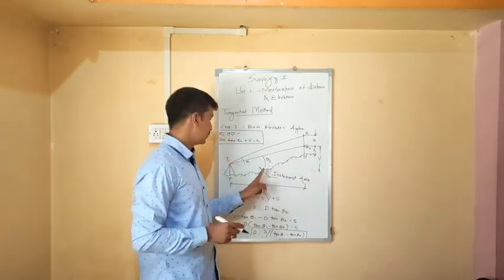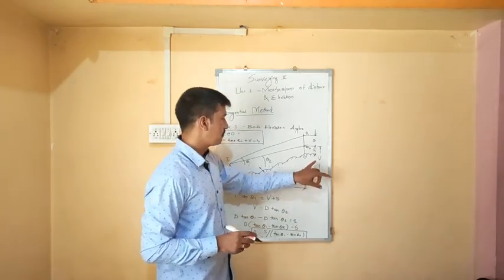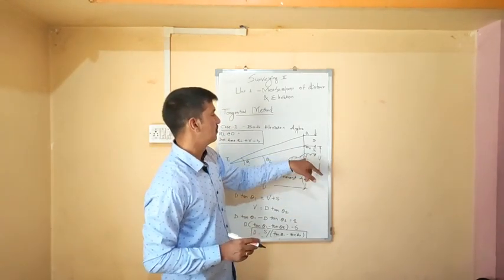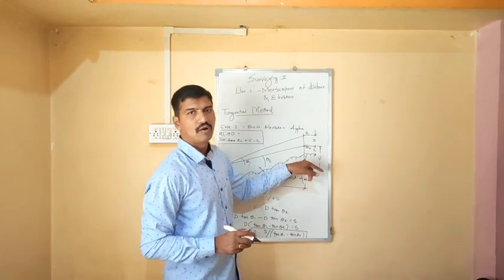If we are knowing this instrument axis RL plus V minus H, we will get the RL of point O.